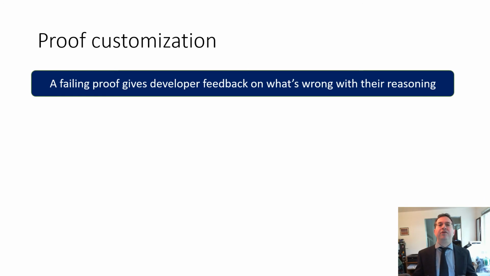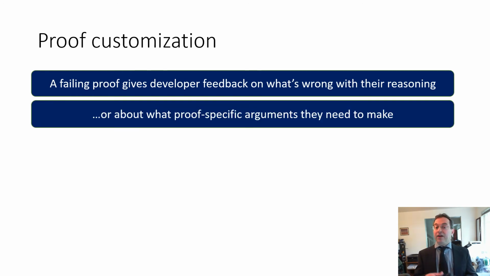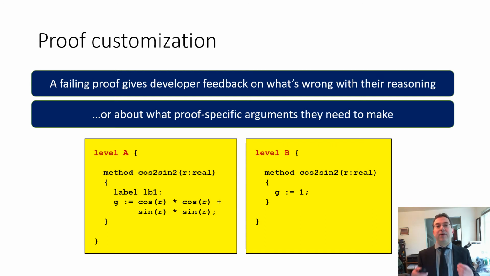Another advantage of checking the proofs with a verifier is that if there's some problem with the proof, it provides feedback to the developer as to what is wrong with their reasoning. Or it shows the developer that nothing is wrong with their reasoning, but just that the proof generation tool was not sophisticated enough to figure out the reason why the program was correct. So for instance, the developer might be trying to weaken the expression cosine squared plus sine squared equals 1.